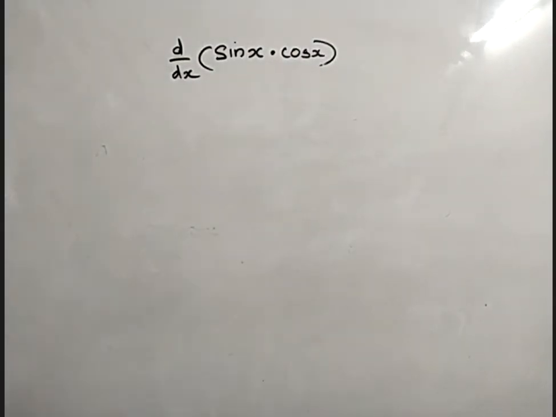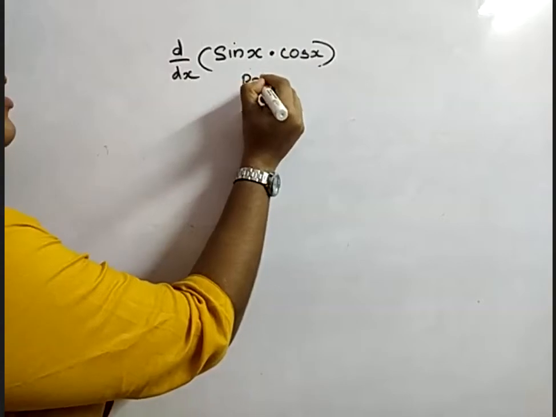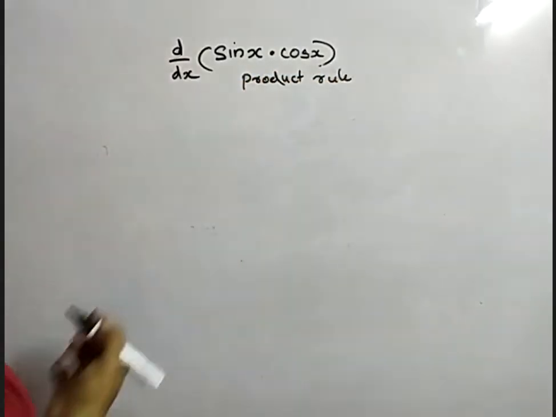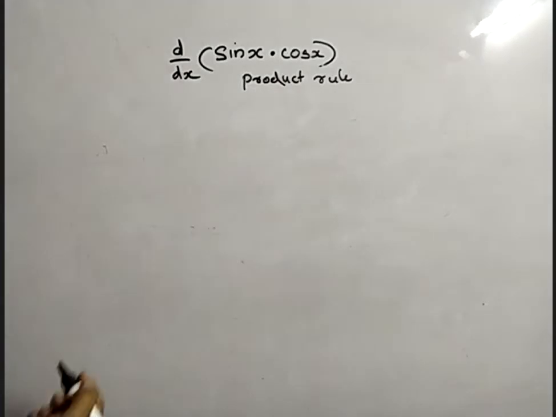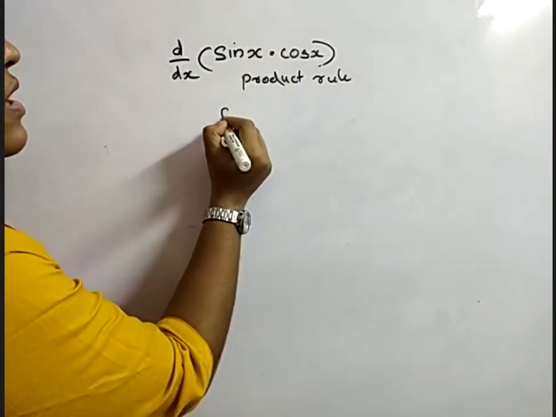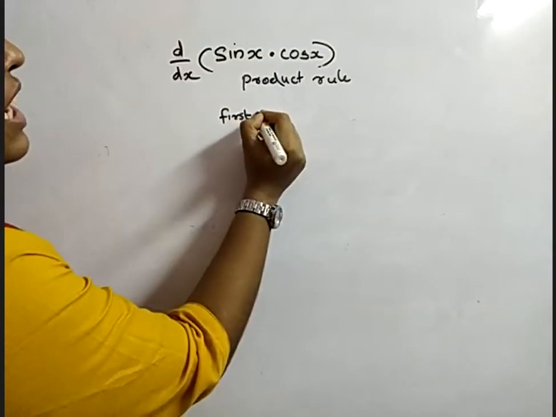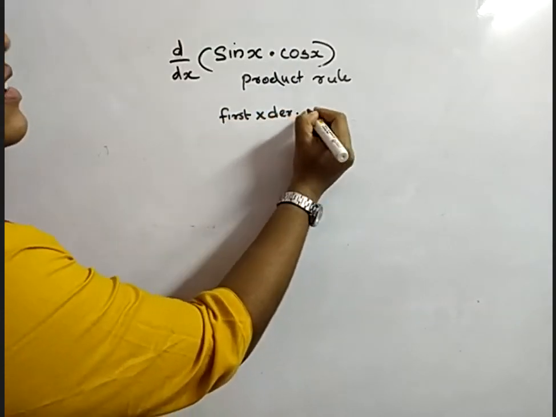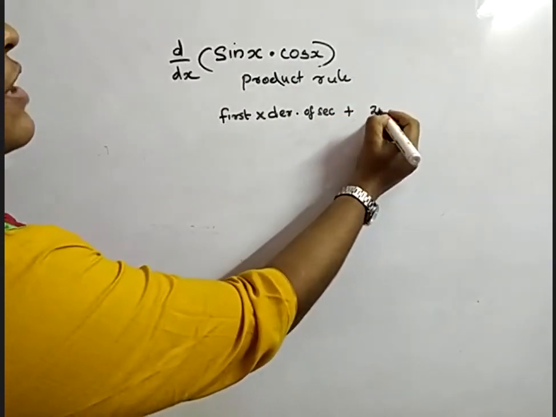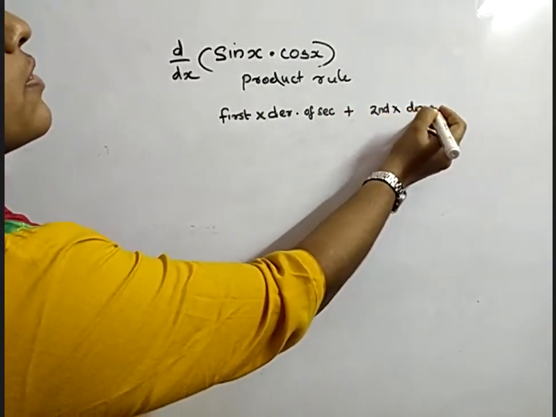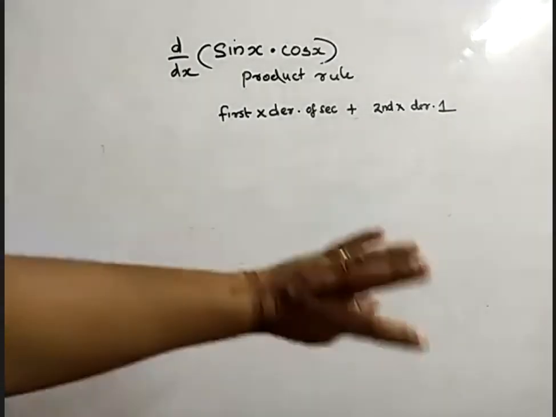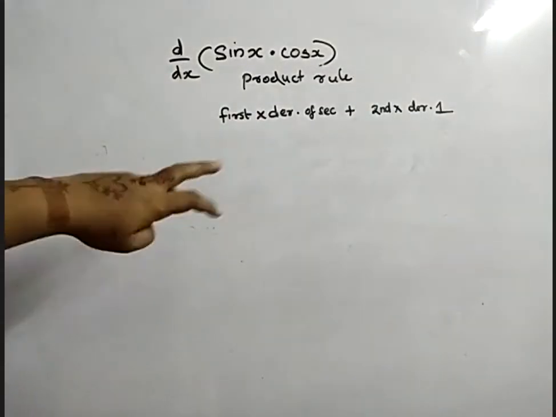So in this case we have the product rule. What is the product rule? First function into derivative of the second plus second function into derivative of the first. Understood? I'm writing this as words for you to understand.